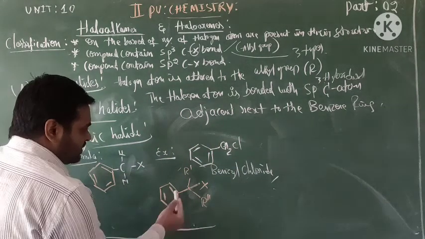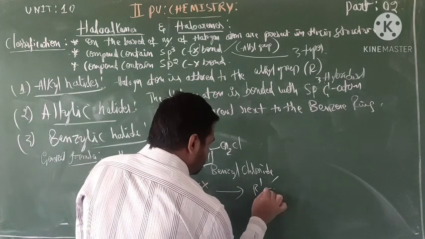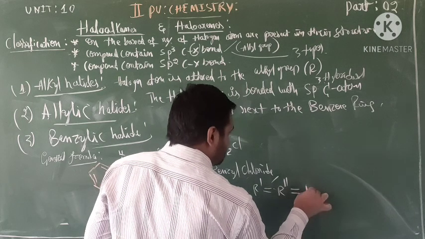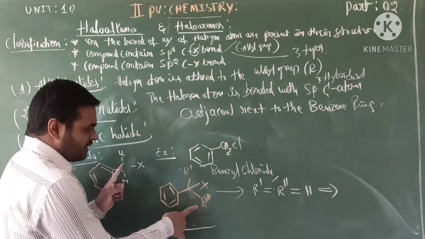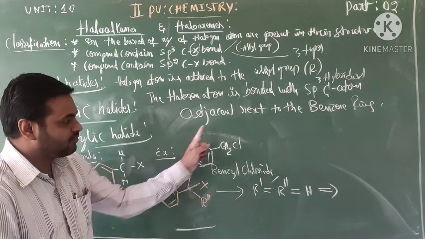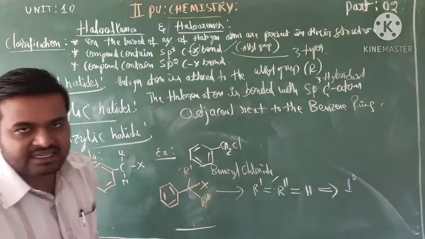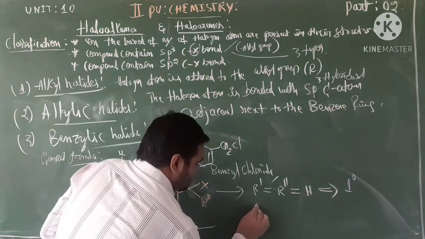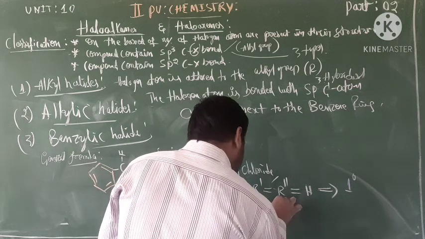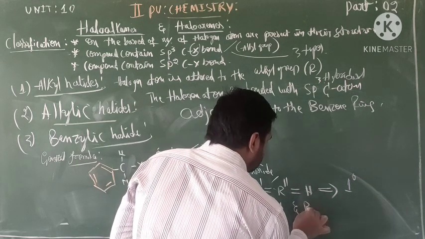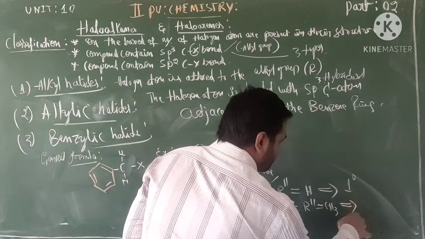Just see here: R1 and R2 are both H. Suppose we take R1 as H and R2 also as H. This will give primary benzyl halides. Okay. Now R1 is H and R2 is CH3.